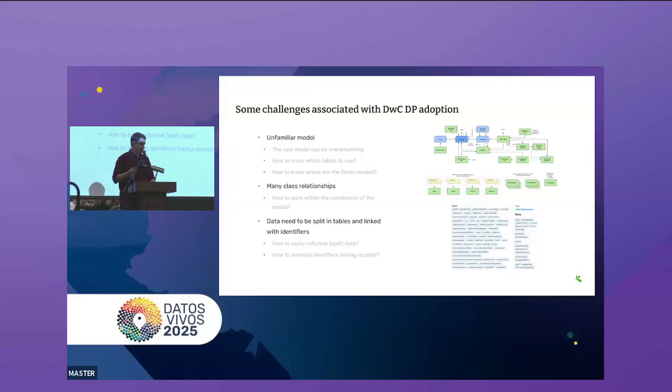The second one is it's a relational model. So there will be a lot of identifiers and connections between those tables, and a lot of join tables. And the third, I already mentioned, is identifiers and how we maintain those identifiers.